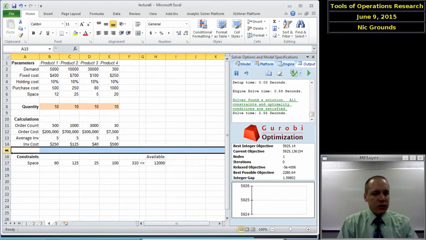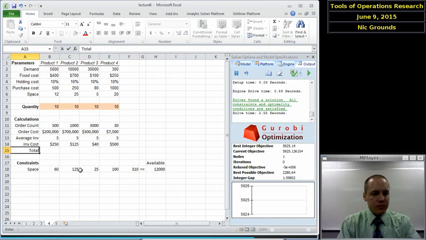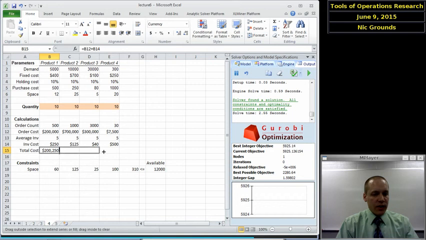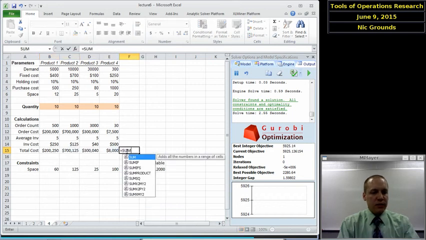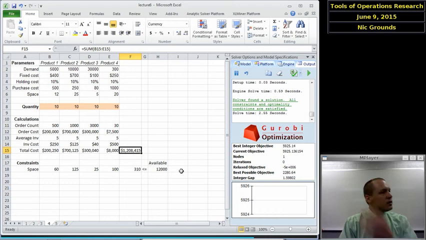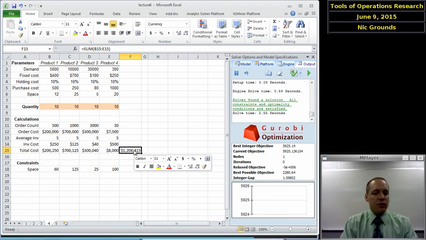What we want to compute as our objective is total cost, which would be the ordering cost plus the inventory cost for every product summed up. So the sum of all costs is our objective that we want to minimize.